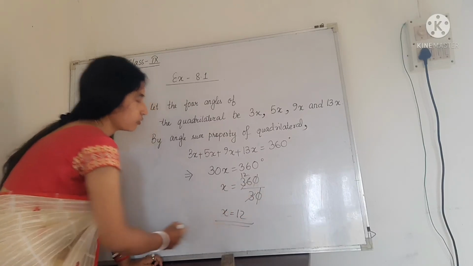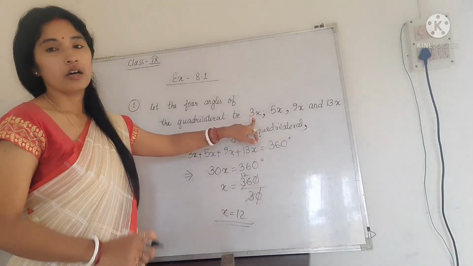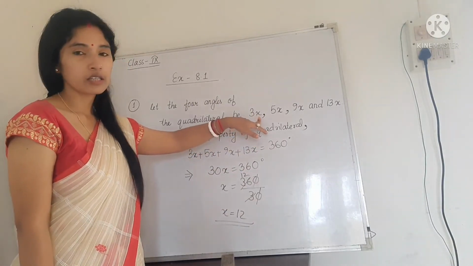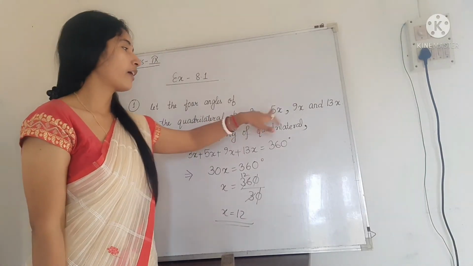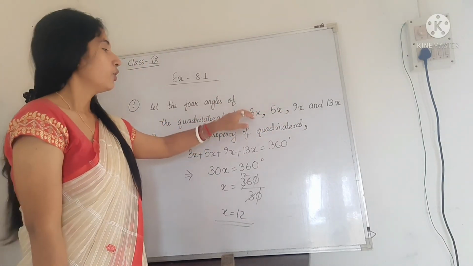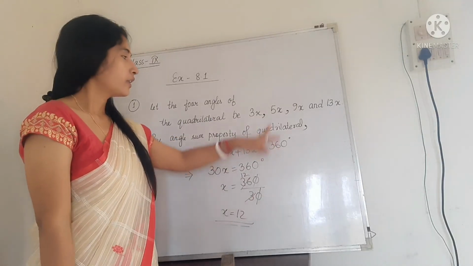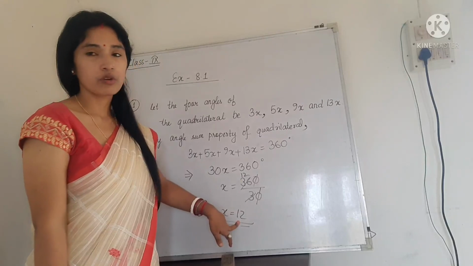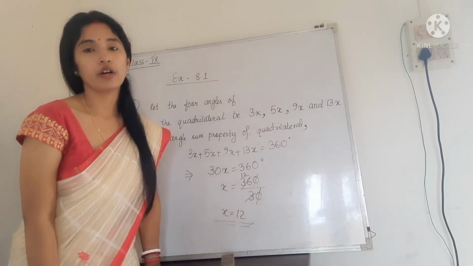Now the value of x, that is 12, we have to put in each angle. 3x is the first angle and it is the smallest angle, because 3 is smaller than 5, 9, 13. So the first angle will be 36. Then the second angle is 5 into 12, that will be 60. Like this you can find every angle of the quadrilateral.